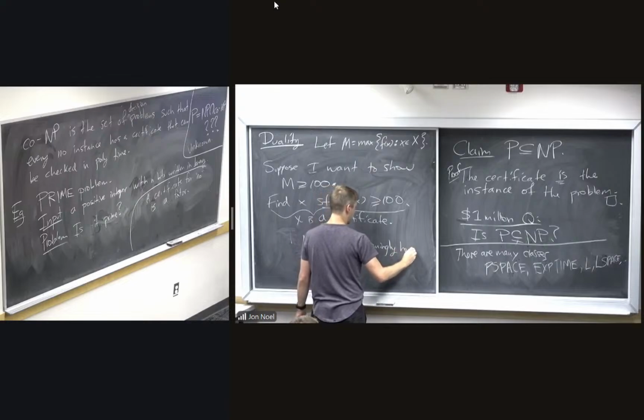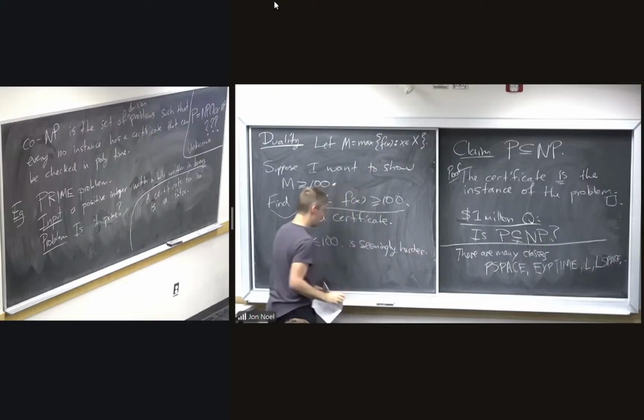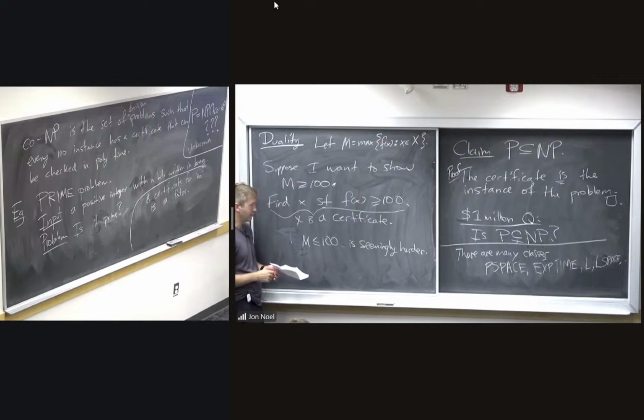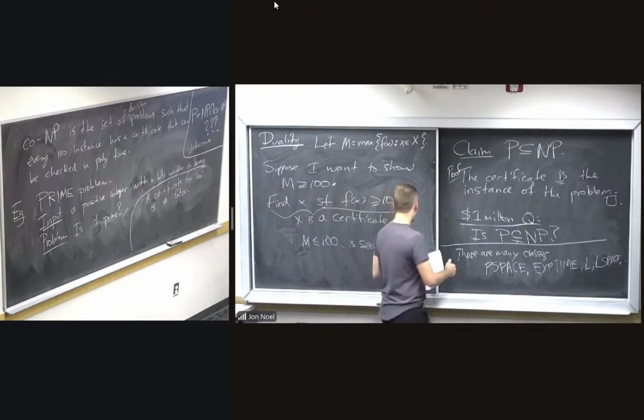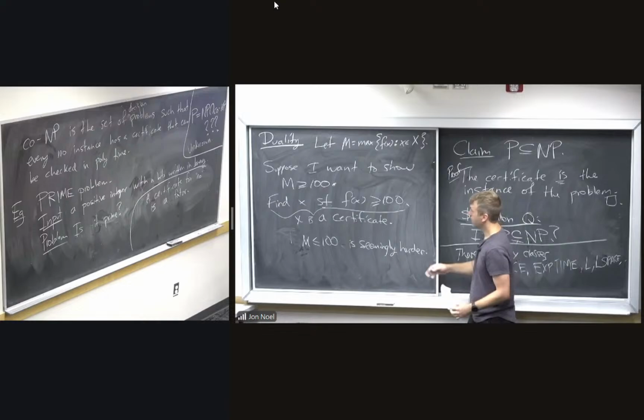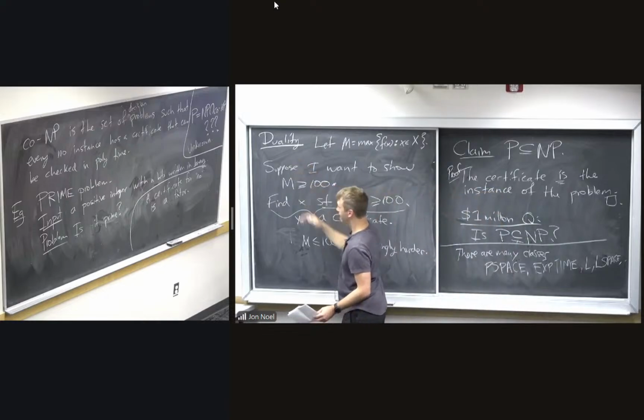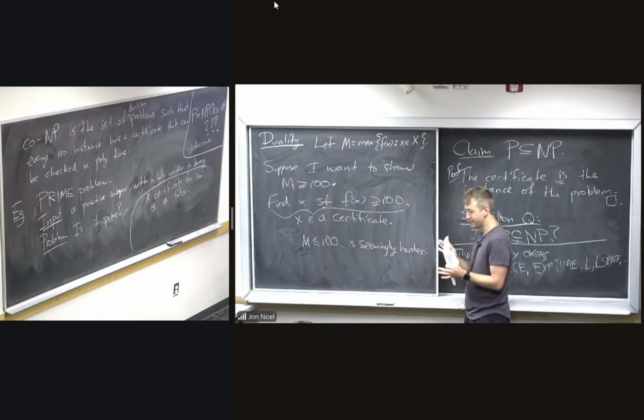This also comes back to the earlier question about P and NP: it's hard to show that things don't exist. What I want to show here is that there doesn't exist an x with a value larger than 100. This idea of duality, though, is a magical, extremely powerful idea in optimization.